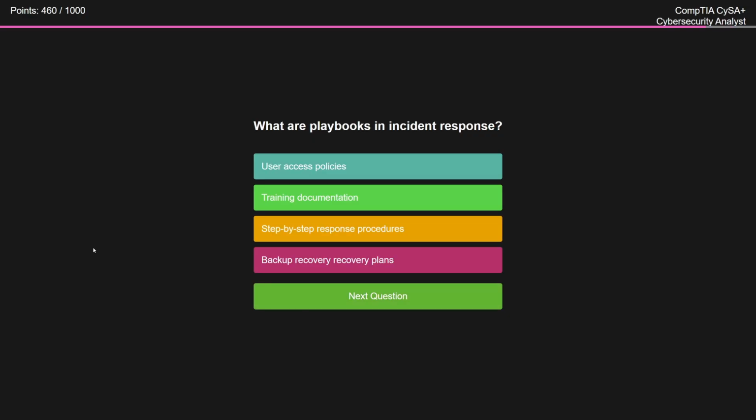What are playbooks in incident response? User access policies, training documentation, step-by-step response procedures, backup recovery plans.